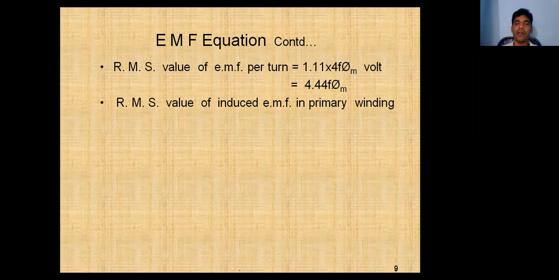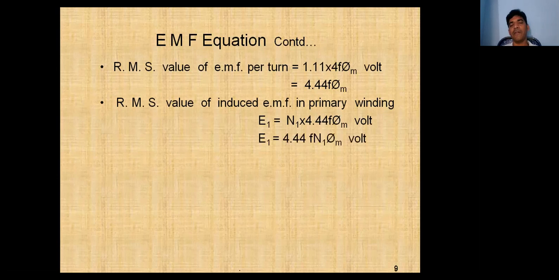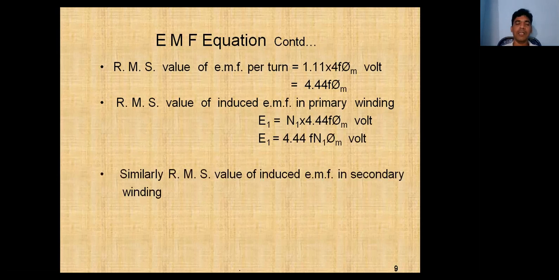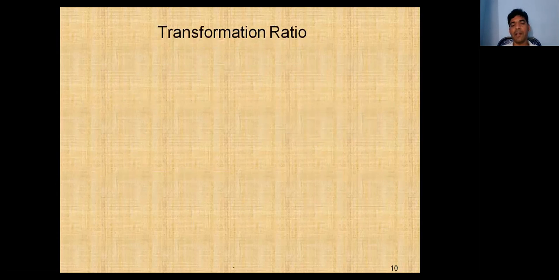RMS value of induced EMF in primary winding E1 is N1 into 4.44 F phi m. Similarly, RMS value of induced EMF in the secondary winding E2 is 4.44 F N2 phi m.